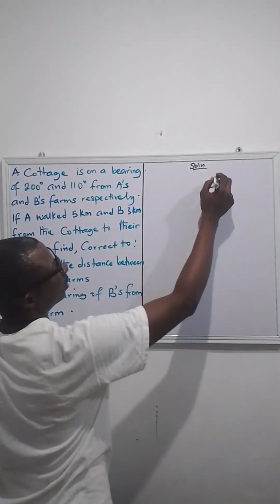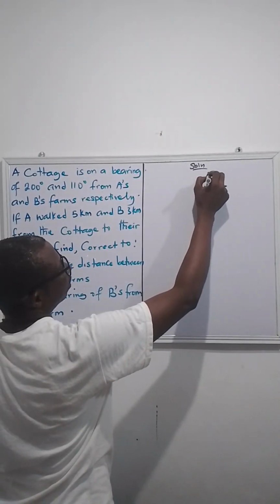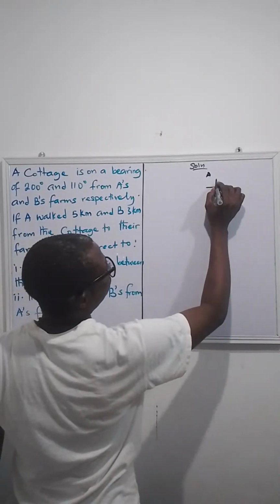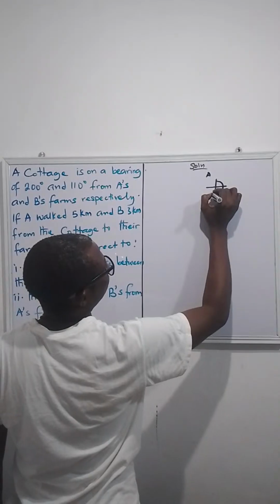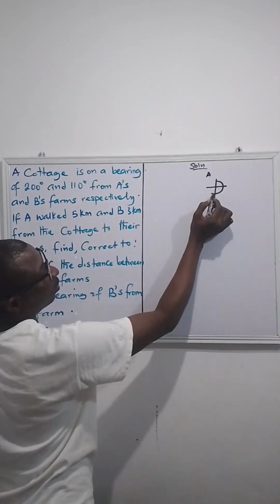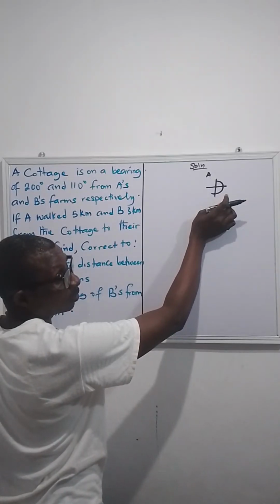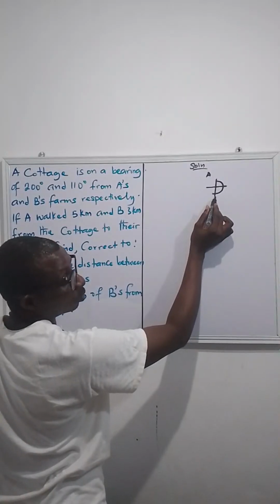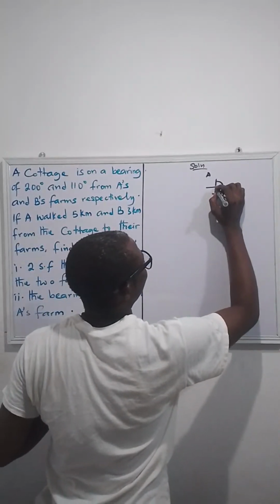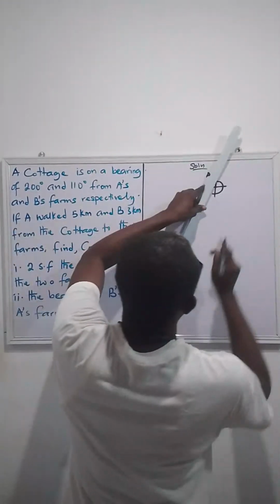This is point A. Now let's draw 200 down. 180 plus 20 gives us 200. So we just have a very small angle very close to the south, and it moves down.